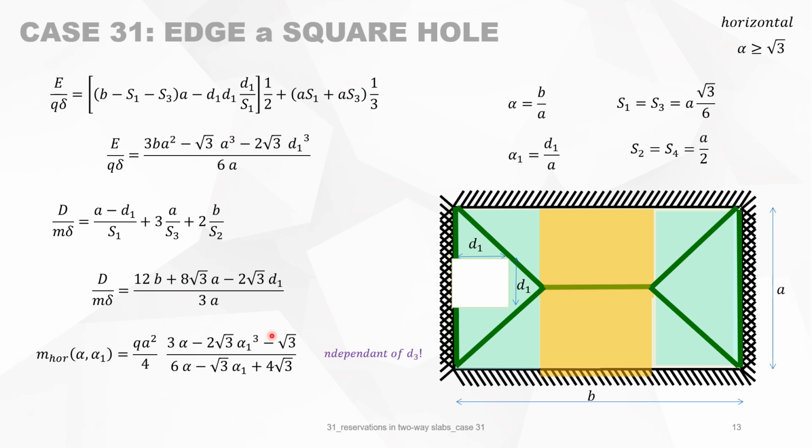We notice directly that this formulation is independent of D3. So we must be very careful now because the conditions on D3 must be correct, otherwise this formulation is not okay.